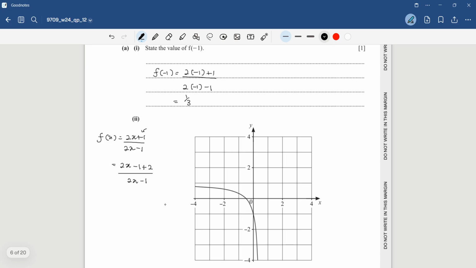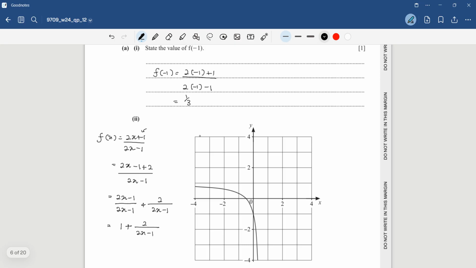So it's going to be 2x minus 1 over 2x minus 1 plus 2 over 2x minus 1, which is going to be 1 plus 2 over 2x minus 1. Okay, why do I do it like this?